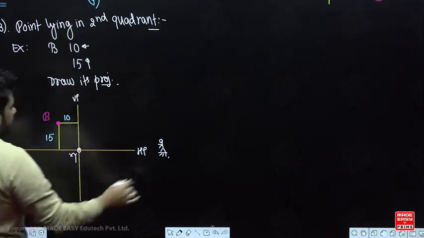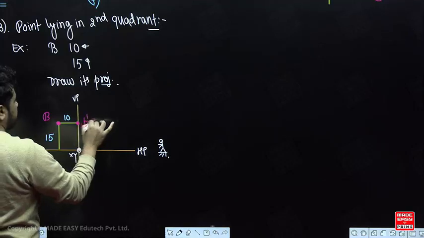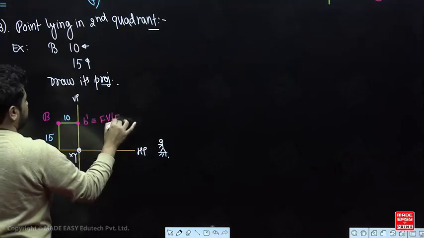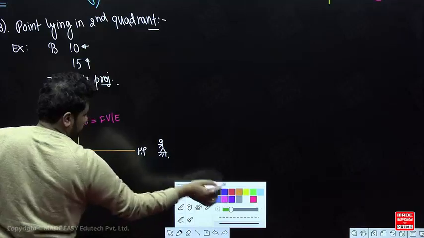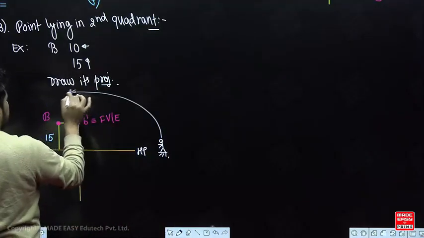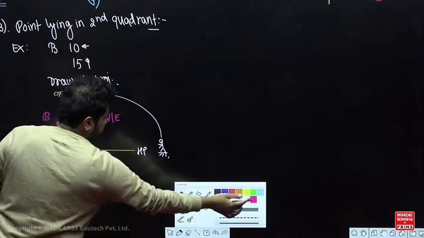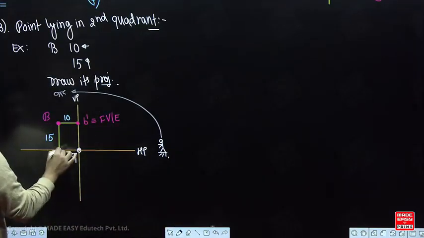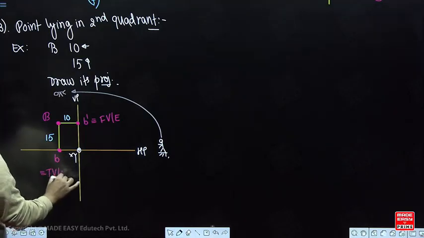Fine. Now the projection of B, it will be a B dash, which will be a front view or elevation, correct. Now when the observer is going to the top, correct, so where will be its projection? So projection will be somewhere here. So this will be your B, which is your top view or plan.